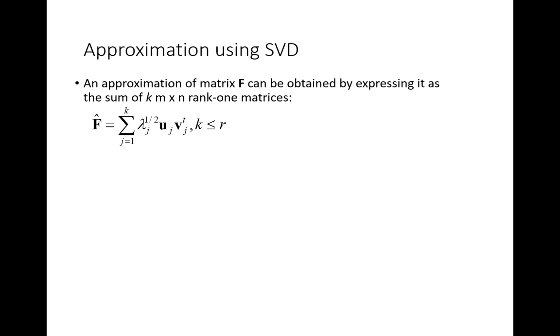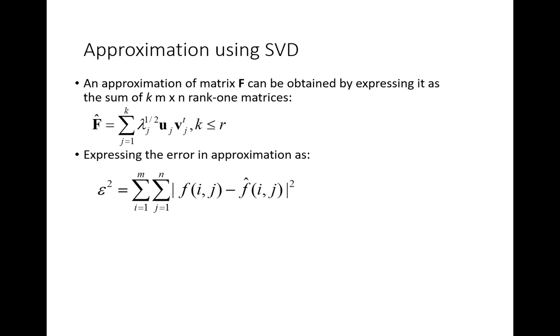That is how you reconstruct the approximate matrix. The error in the approximation is given by this formula: you take the difference and use that as the error. And again, just like PCA, it is possible to show that the squared error will be the sum of all the eigenvalues that are thrown away.